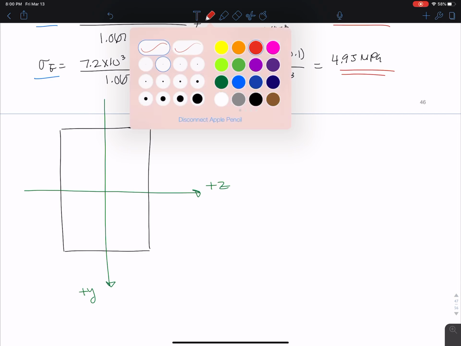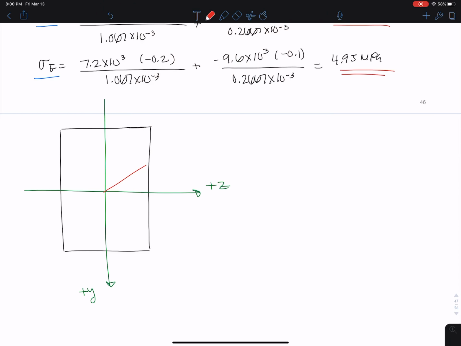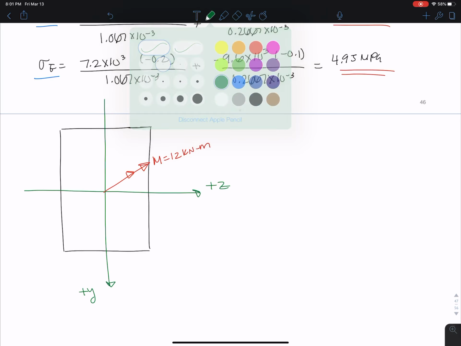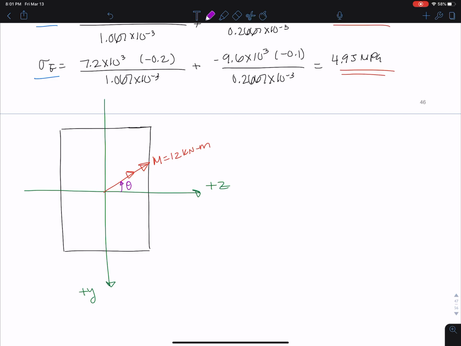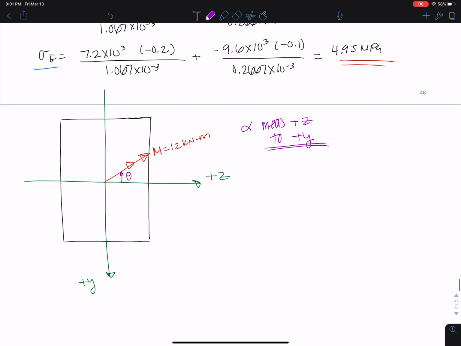And we know that our moment is being applied in some direction here. Okay, and then we also know that this angle here is our theta. And then we have some alpha that we want to find, right? And we know that alpha is measured from positive z to positive y. That's super important. It's from positive to positive, and so is theta actually.